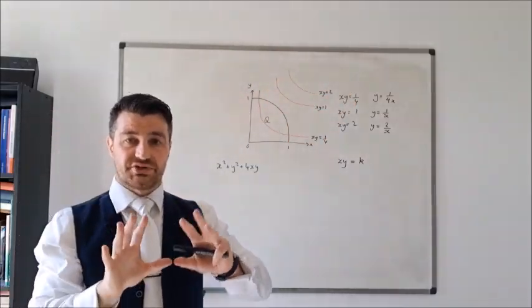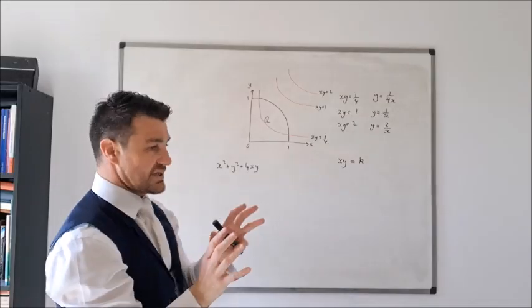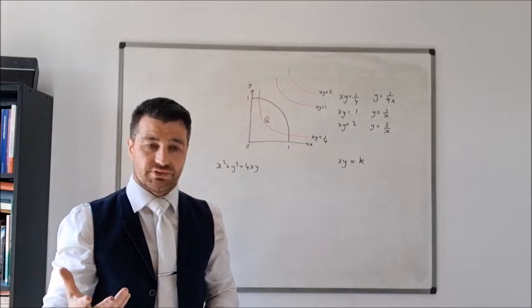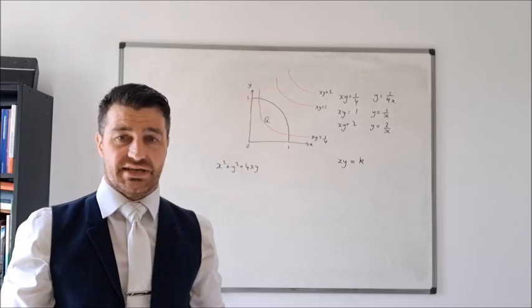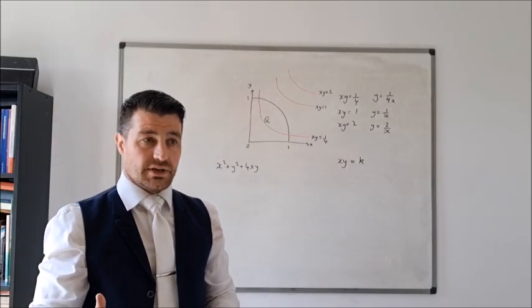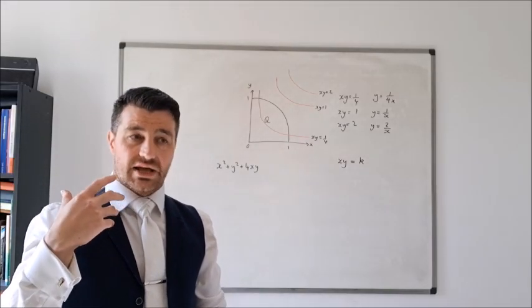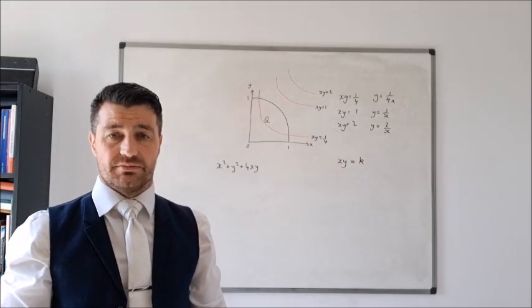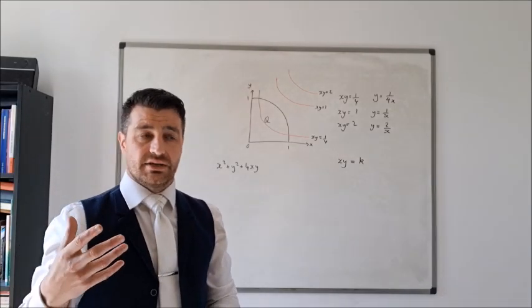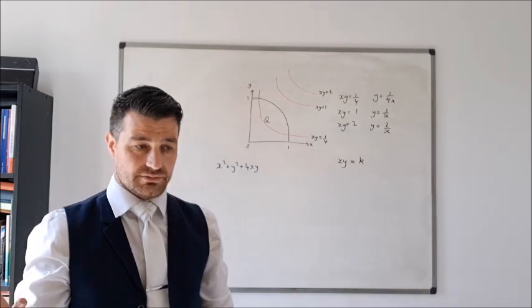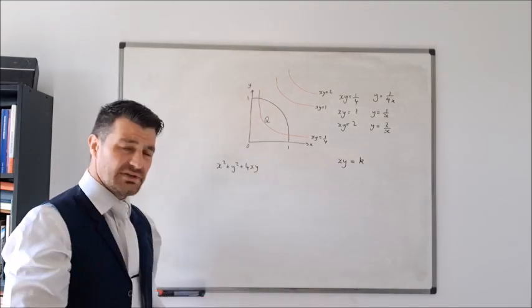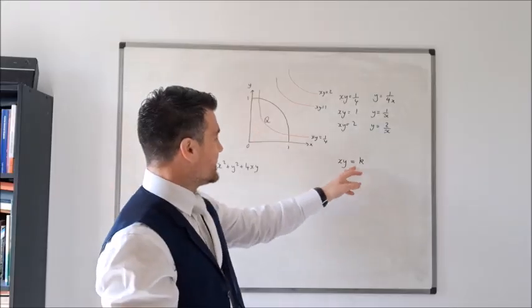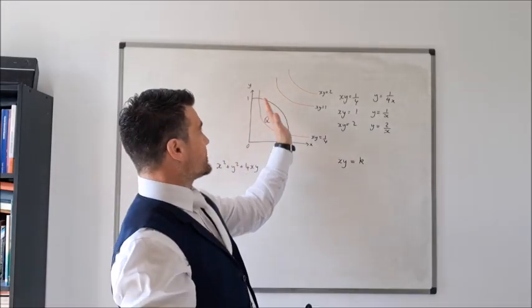I'm visualizing the curve just moving outwards, so we don't take it in an overly literal way. It's just an interpretation, something that is going to help me arrive at a clear understanding of this problem and hopefully bring with it a solution. But I see this as an increased k. This is going to move outwards.